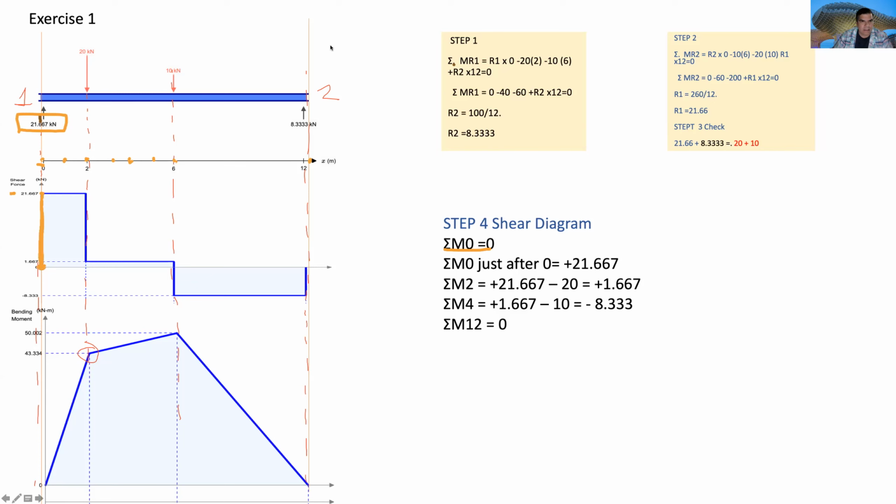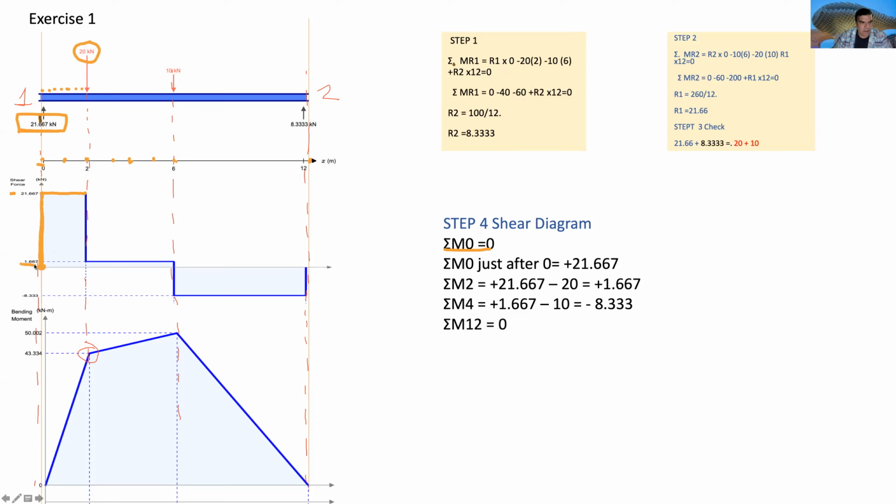What happens next? Nothing happens. Look, in all this period, nothing happens. Well, you go straight. But when you arrive to the point 2, something happens. There is a force of 20 going down. That is like going to the bank. I have a balance of 21.67, and after I receive a bill of 20, how much do I have?